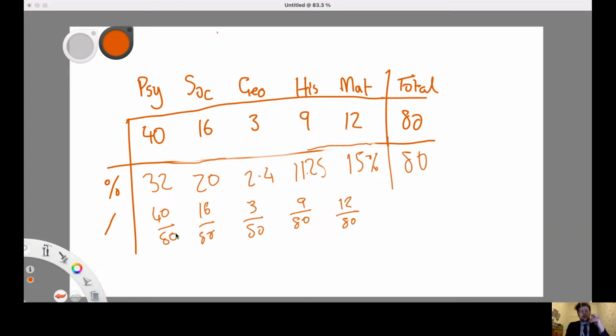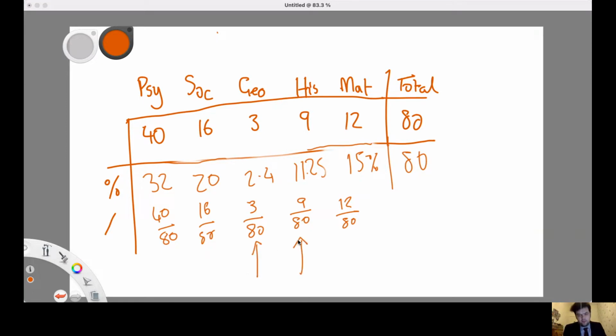So these are your fractions, and you might be thinking some of these can be simplified down. And that is exactly the case. We want to get these in the lowest possible value. We want the bottom number to be as small as it can possibly be. Now, these two jump out at me.